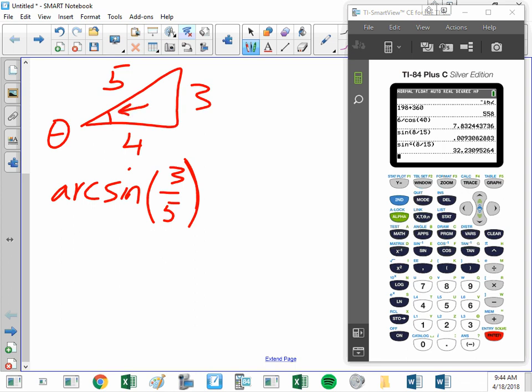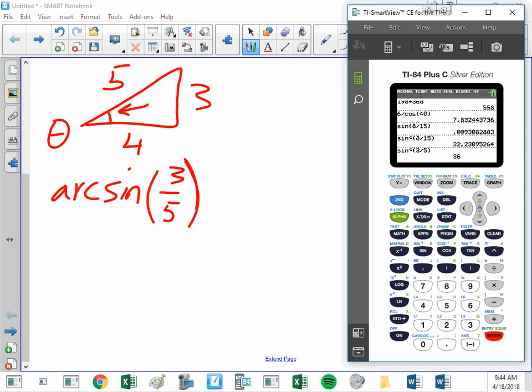The angle. Did I need to draw the triangle to figure out what the angle was? No. All I need to do is the arc sine of 3/5. Oh, I missed it again. And I get 36.86. Okay.